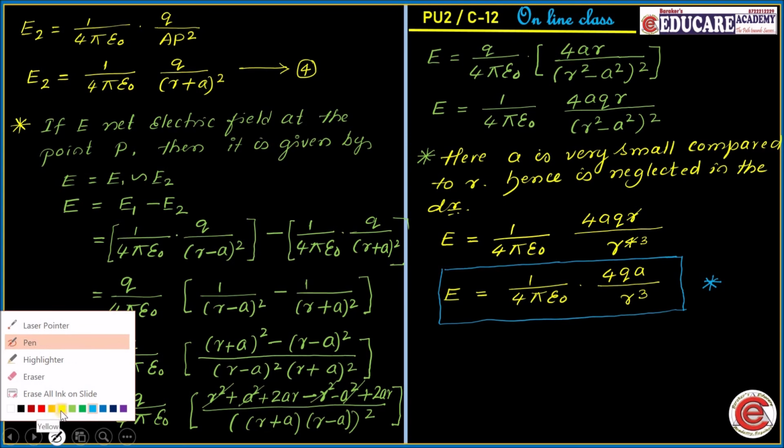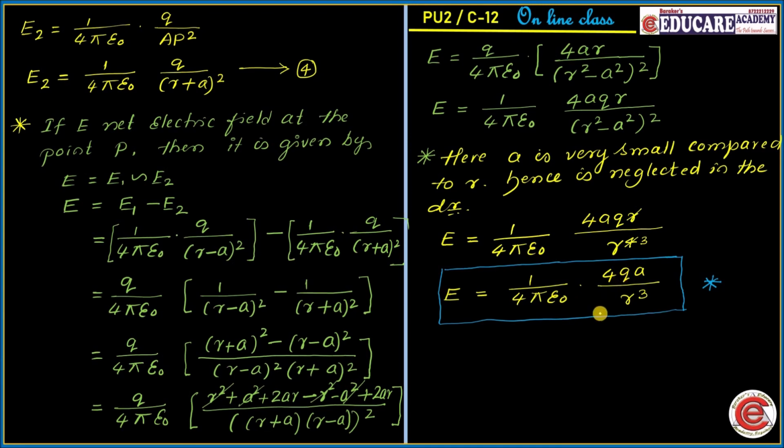If we want to consider the dipole moment, then the 4aq can be split and the dipole moment can be brought into the picture. It can be written as 2aq into 2. So what is 2aq? 2aq is the dipole moment. We know that 2aq is the dipole moment.